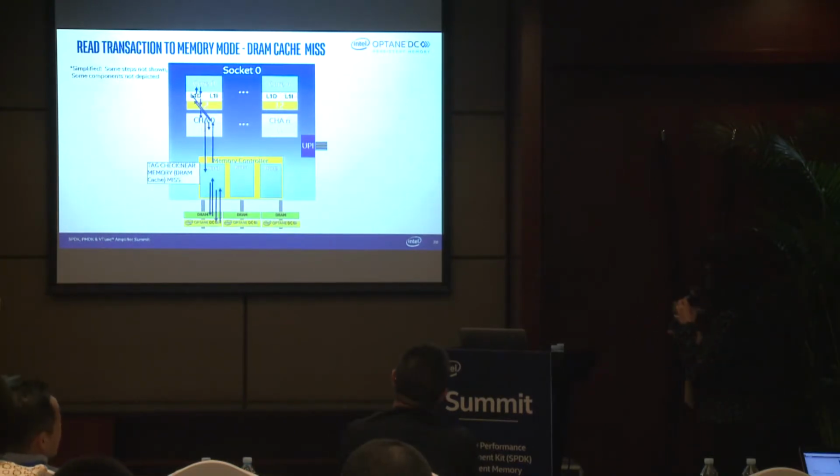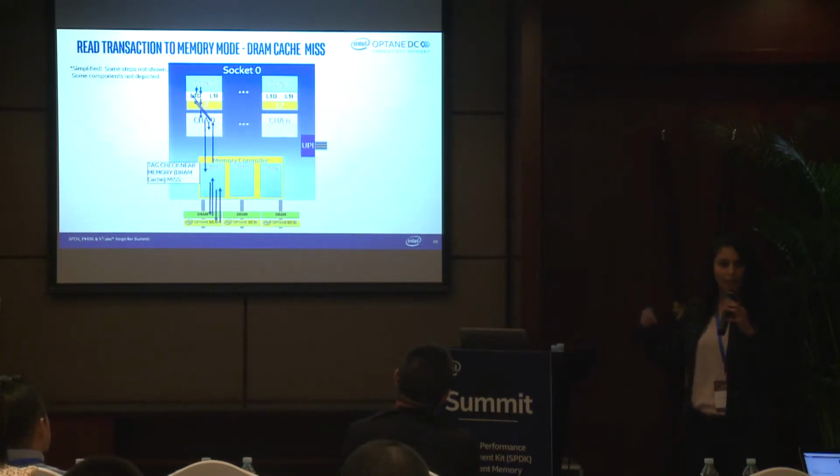The question here is, when we have a miss to DRAM, when will the data be written from the persistent memory to DRAM, and when is the data sent to the core? It happens simultaneously. Let me go back to this.